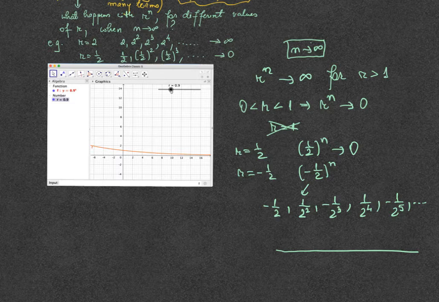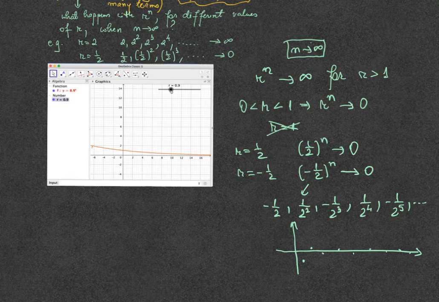So think of a graph. See, the terms alternate above and below the x-axis, but they will approach 0 from both sides. So in this case, this will approach 0 as well. And as you can imagine, this happens for all numbers between negative 1 and 0.